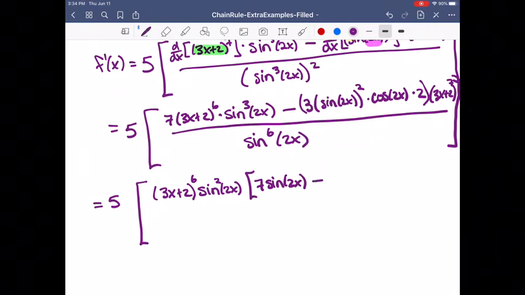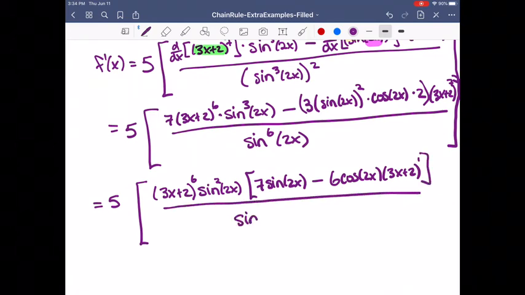And then the next term, so I took this out, and I took almost all of these. So I'm going to have 6, the 3 and the 2, the cosine of 2x, and then 3x plus 2 to the power 1, all over sine to the power 6 of 2x.